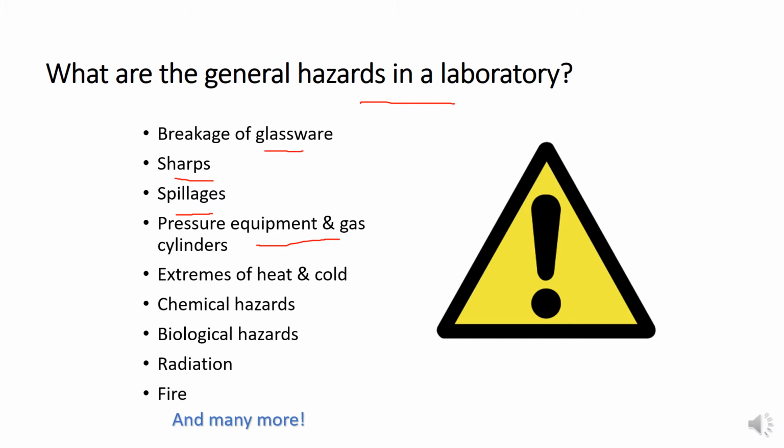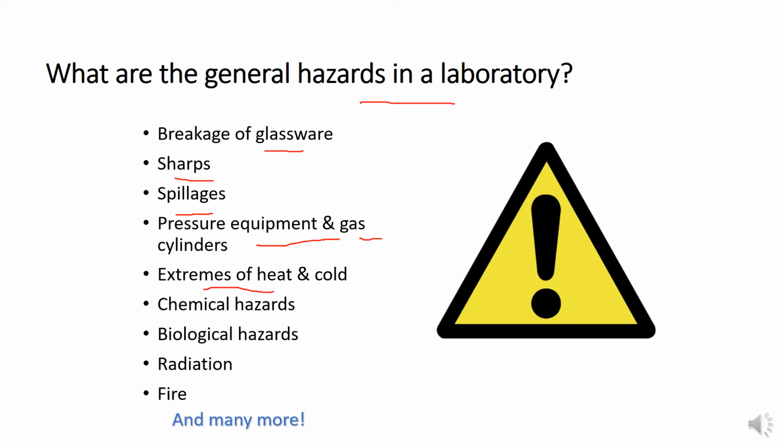For example, the normal gas we use in households also comes to the different chambers, but we also have gas cylinders used for other purposes. Then we have extreme heat and cold. For example, liquid nitrogen is very cold and can burn your skin if you are not using it properly.